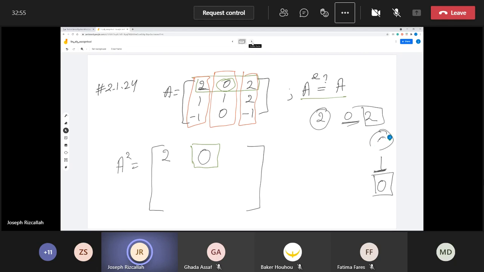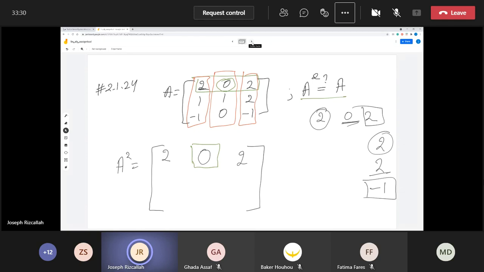Can you hear me? Yes, doctor. Okay, so now this column is 2, 2, minus 1, right? And still the same pairing. Let's see, what do we get? We get 2 times 2 is 4, 0 times 2 is 0, and 2 times minus 1 is minus 2. So 4 and minus 2, and we get our 2, as it should, because in A, the 1, 3 entry is 2.